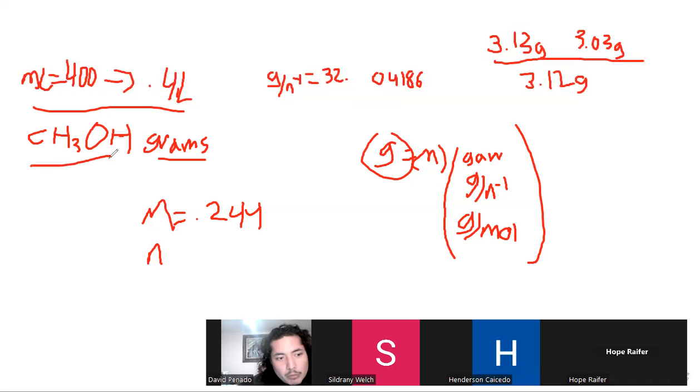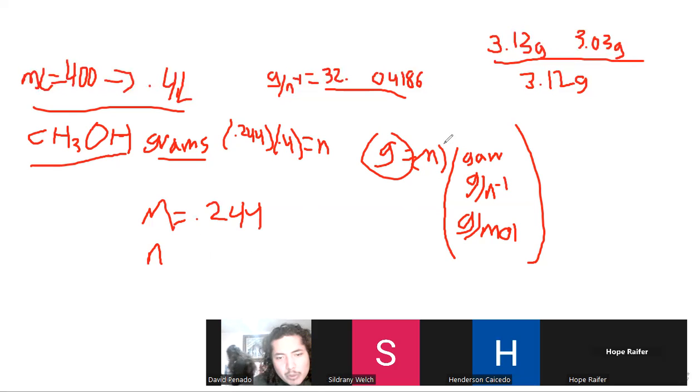We have to use a periodic table to get the elements, and you got this, and we just times with the mole from what we get doing the molarity times volume, the 2.44 times 0.4 equals that.